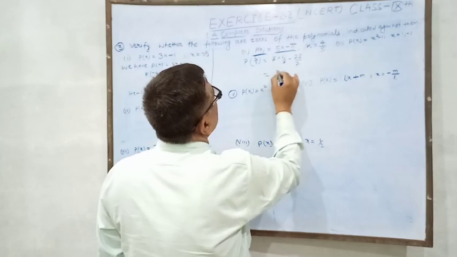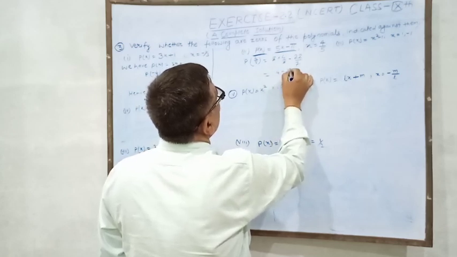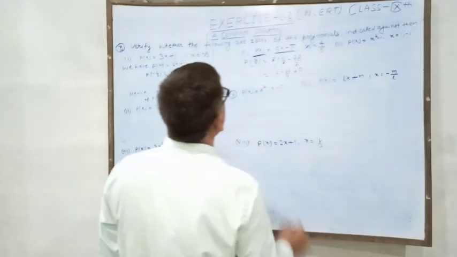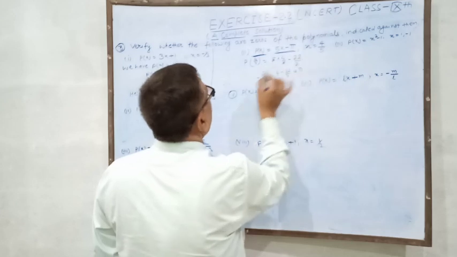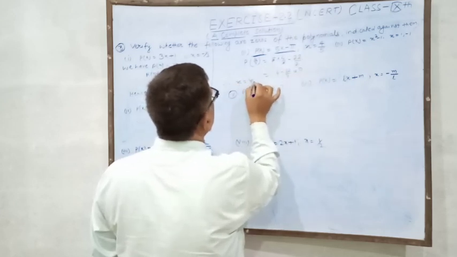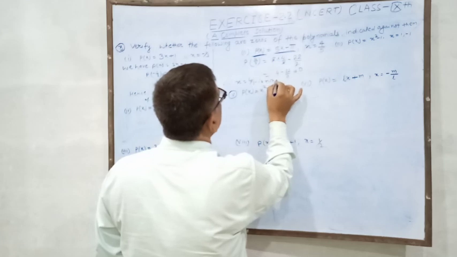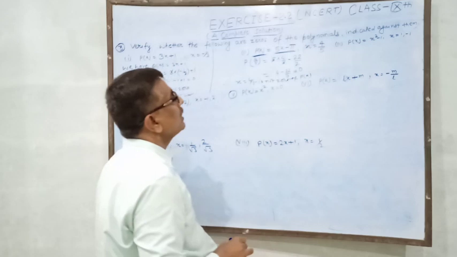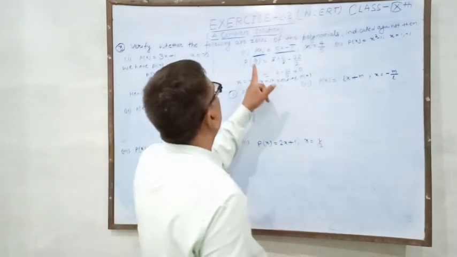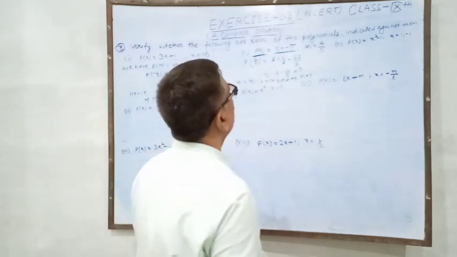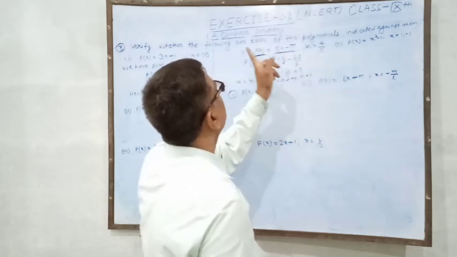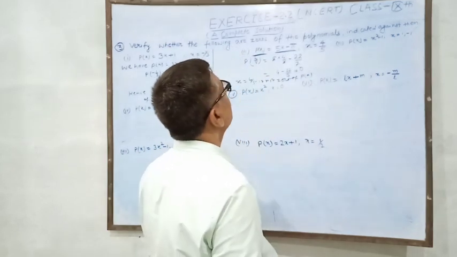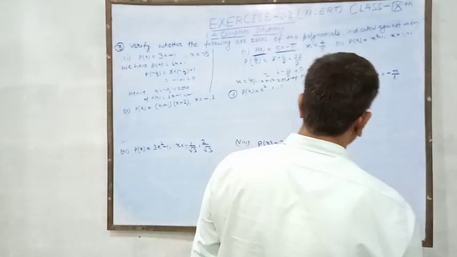So you see 4 minus 22/7 is never equal to 0. That means x equal to 4/5 is not a zero of p(x). The value which makes p(x) result in 0 after putting the value of x in the polynomial is called the zero of the polynomial, as it is defined.